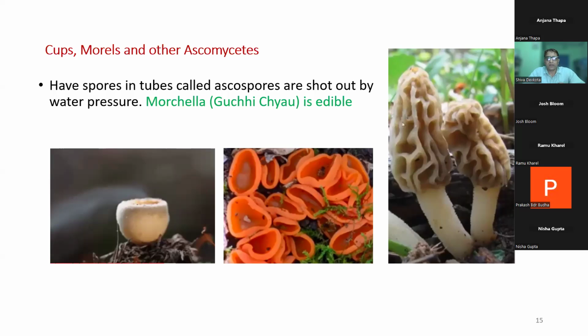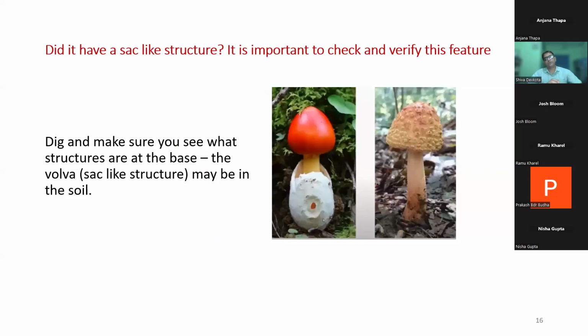Okay, and the important thing is whenever we see mushrooms, we always need to focus on finding the complete structure. The complete structure means whenever we pick mushrooms, there might be this white sac-like structure, that's a volva.